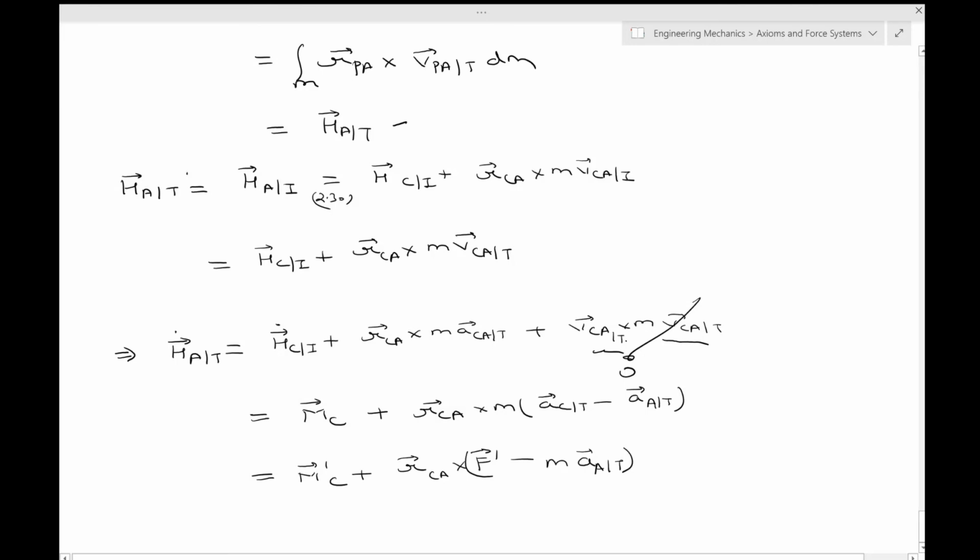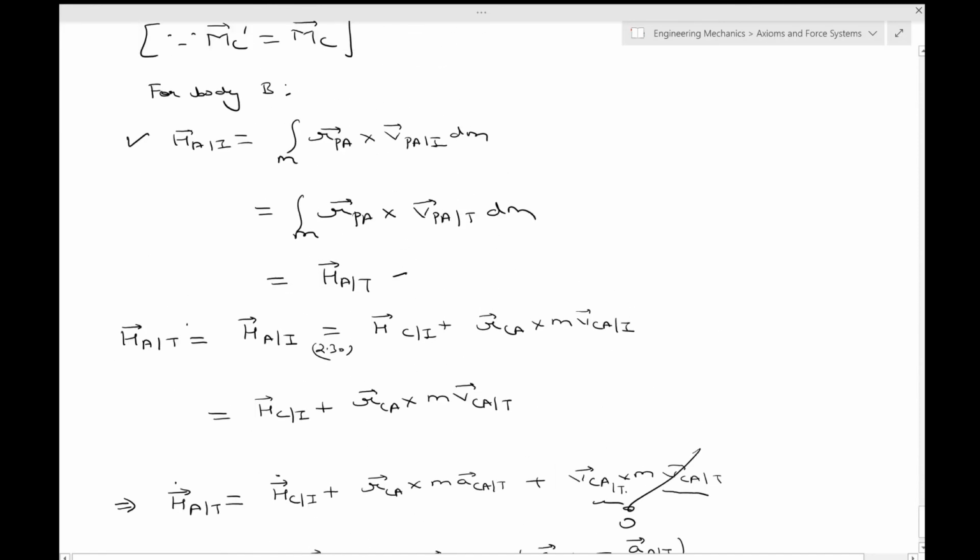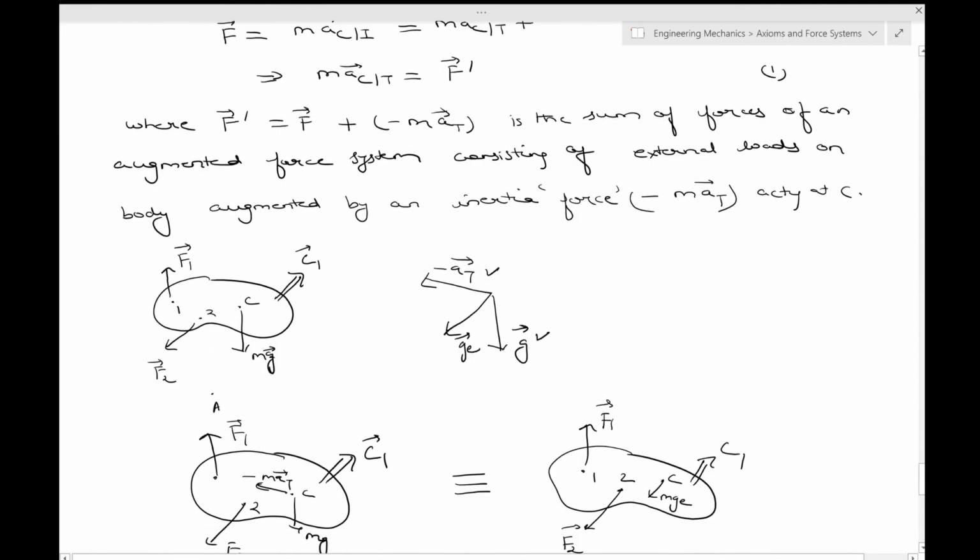Now clearly, in the translating frame, MAC in the translating frame has been written as F dash. We have already said that somewhere.